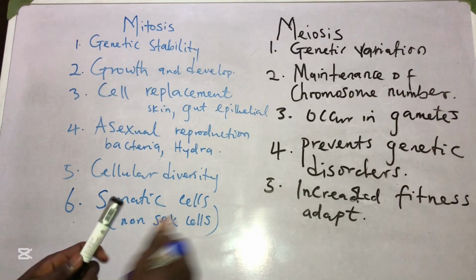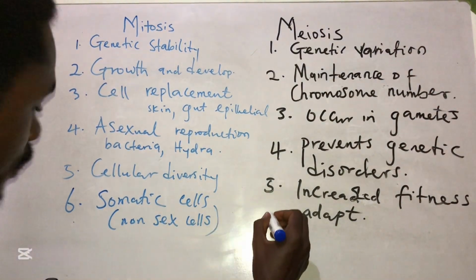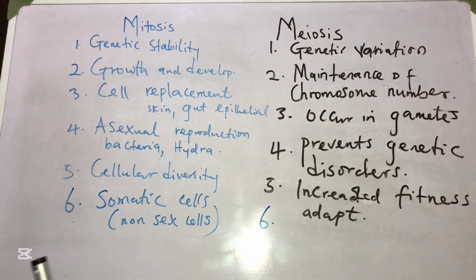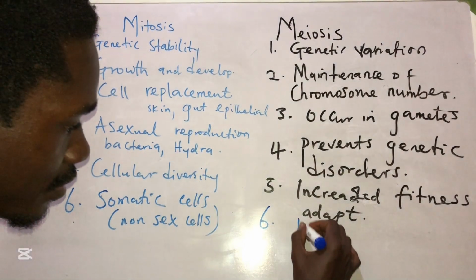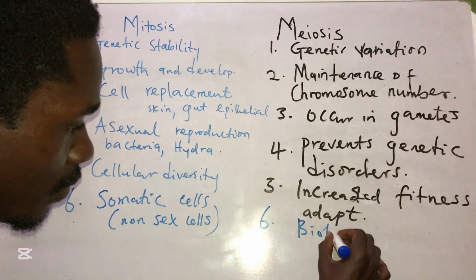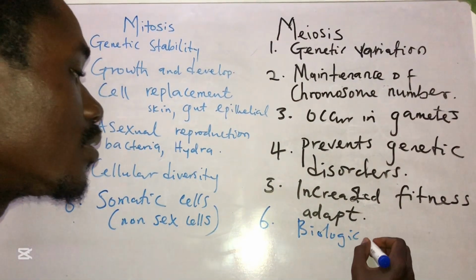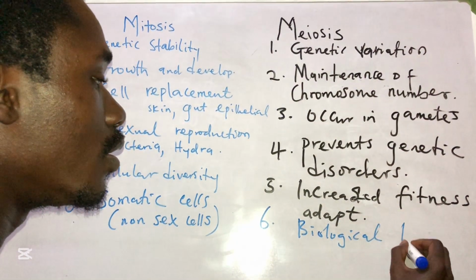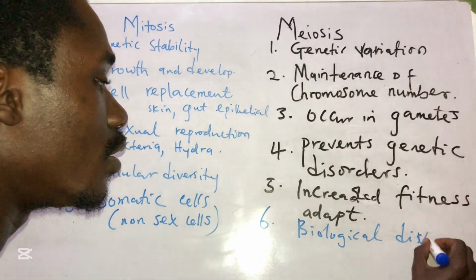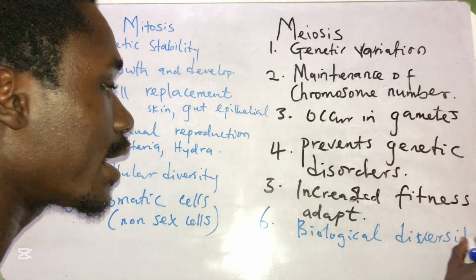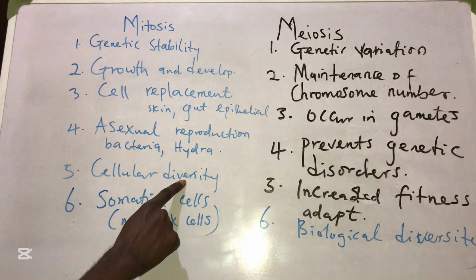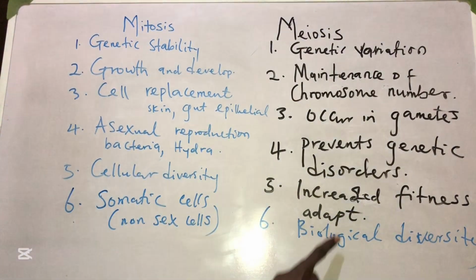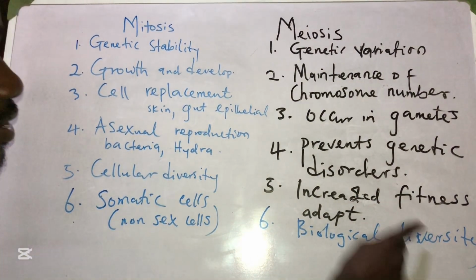And then the sixth, which is the last on our list here, is biological diversity. Okay, so in mitosis we have cellular diversity, but in meiosis we have biological diversity.